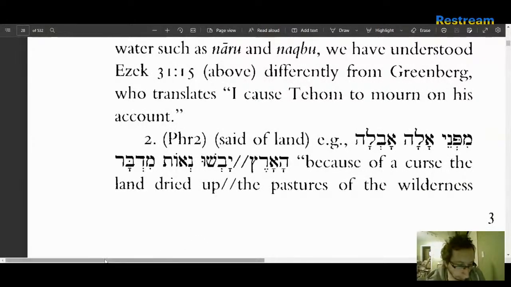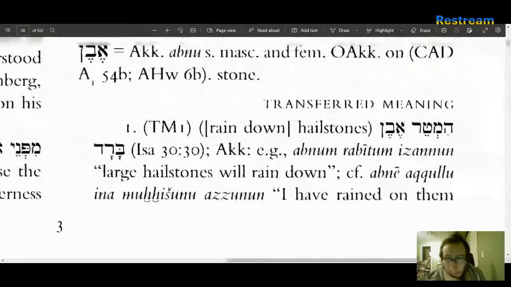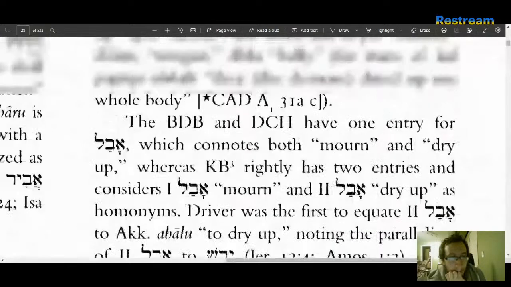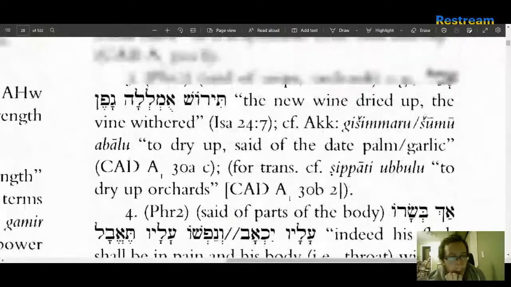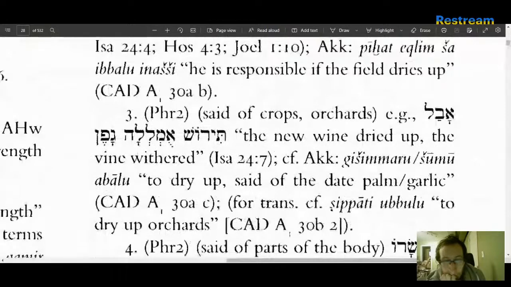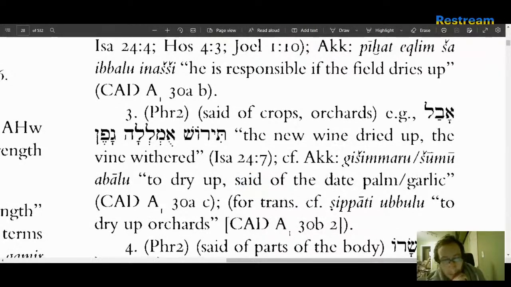So let's see here. It says, the new wine dried up, the vine withered. In the Bible, Akkadian, to dry up, said of the date palm.